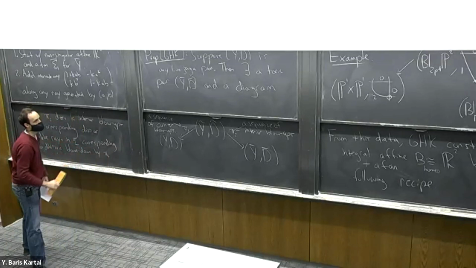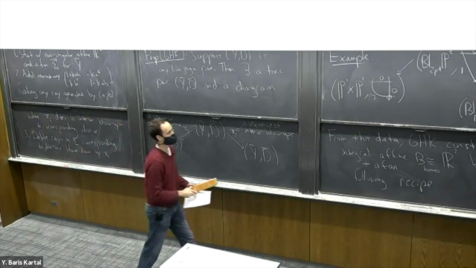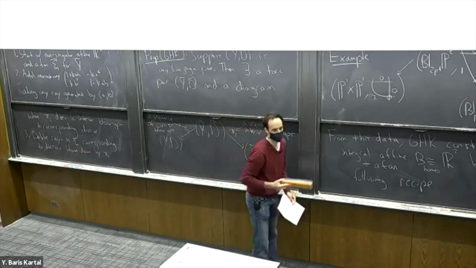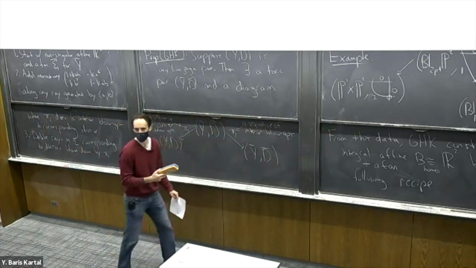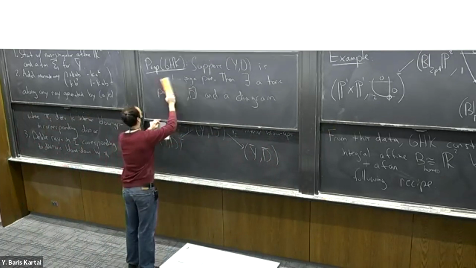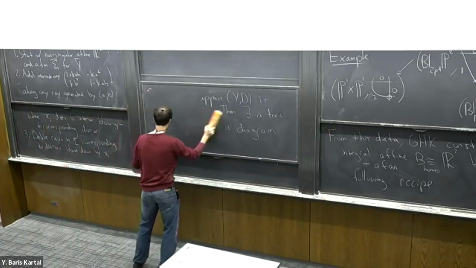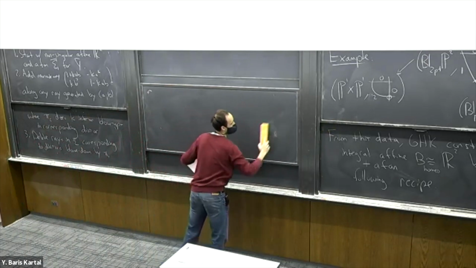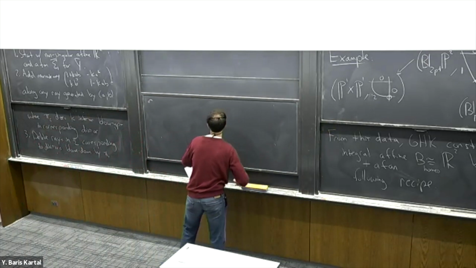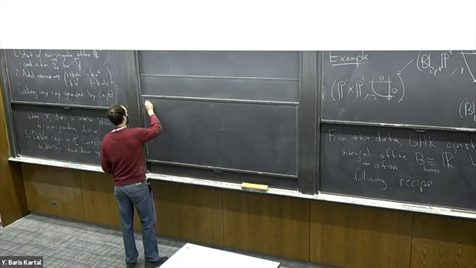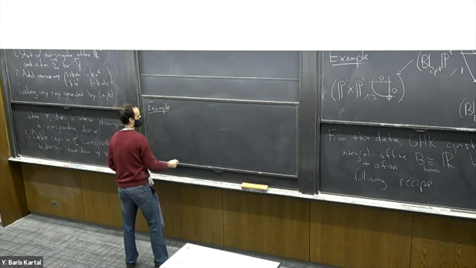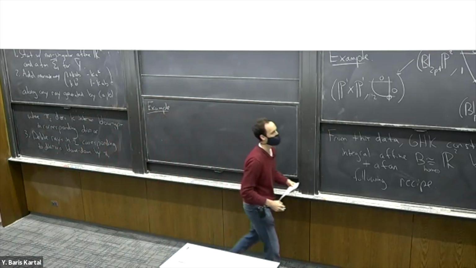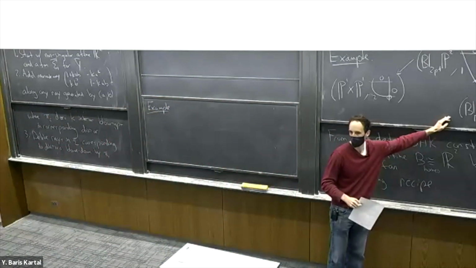Okay, so let's do this particular example. I think it'll be a little bit more clear what's going on. I'll think of it more from the perspective of starting with the toric guy.